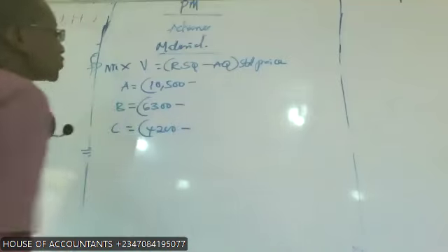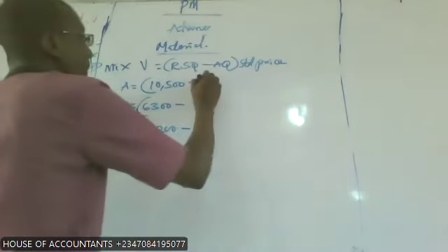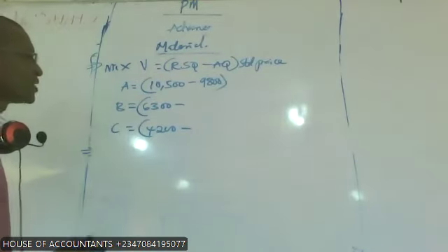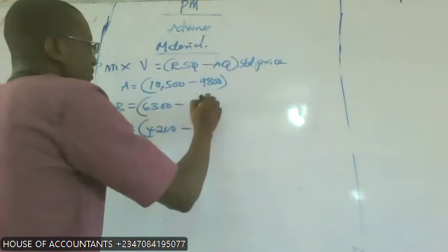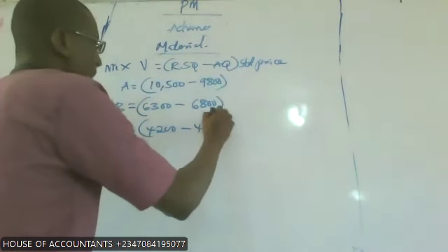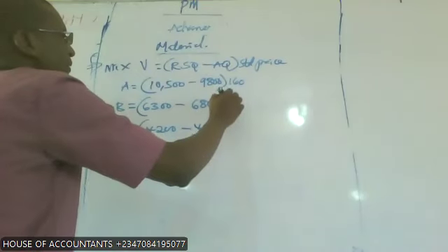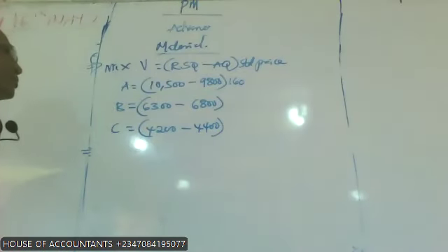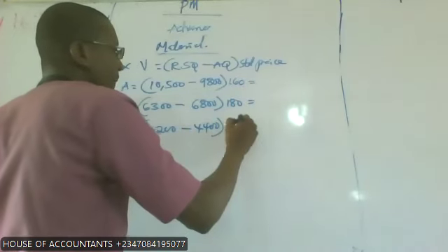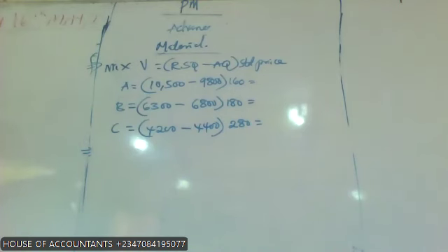So what is our actual quantity now? 9,800 for A, 6,800 for B, and 4,400 for C. Our price here is 160. Am I right? Yes. 180. 280. What do we get now for variance?